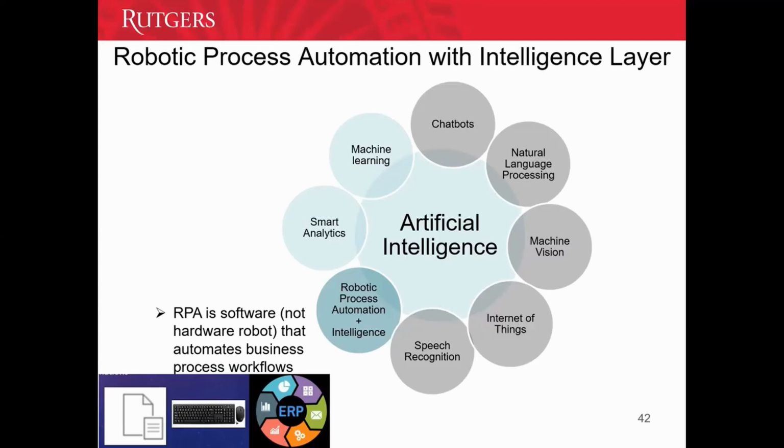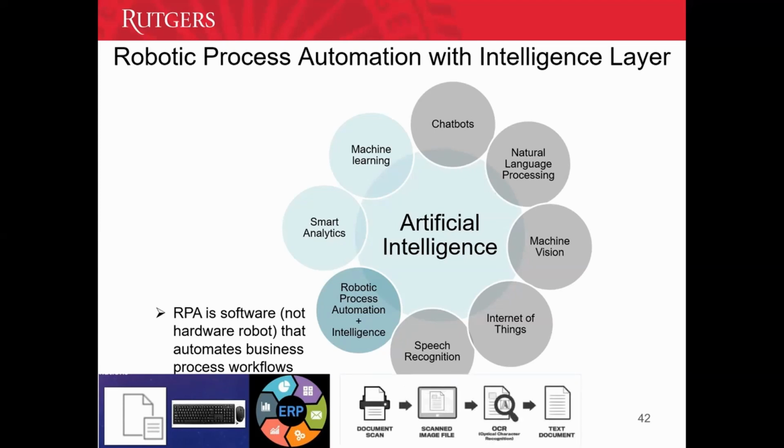Using the same example about keying in the invoices, if those invoices were scanned images, and we now need to use machine vision to extract the letters or numbers from the invoices and convert them into text, which can be keyed into the particular ERP, then that becomes robotic process automation with an intelligence layer, which is this optical character reading capability, this machine vision capability that we talked about in the previous videos.